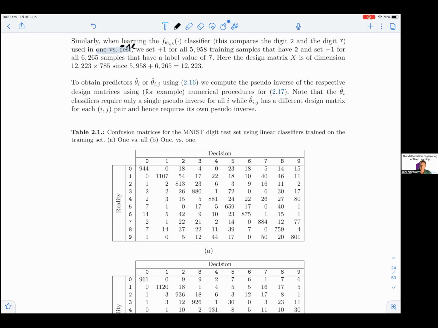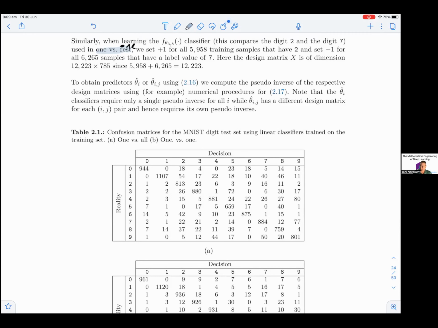Here the design matrix X is of dimension of the sum of these two things, so it's not going to have as many observations, because this classifier is only trained as a binary classifier to distinguish between 2 and 7. Here the design matrix X is of dimension as follows.